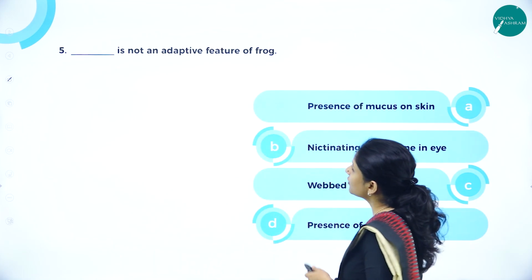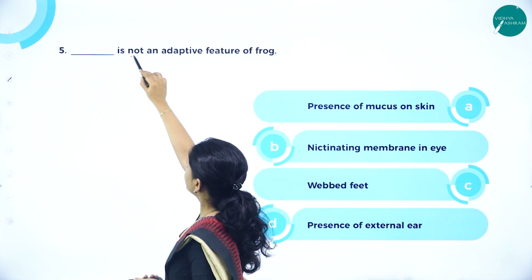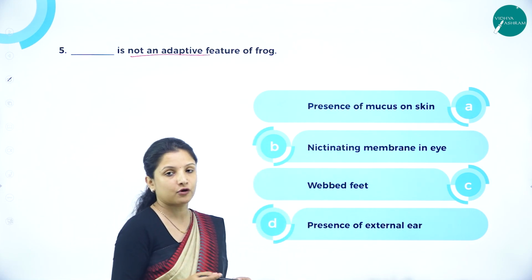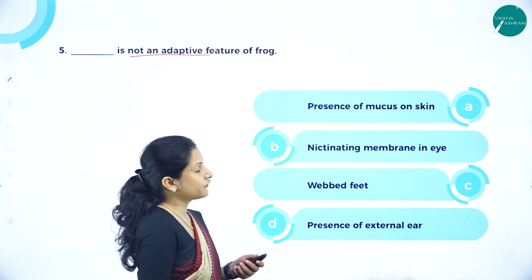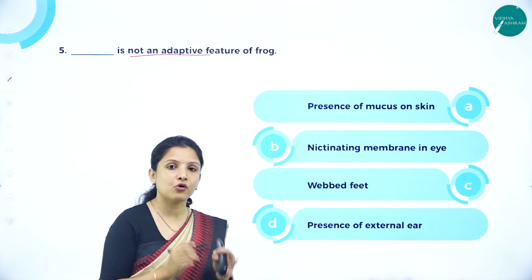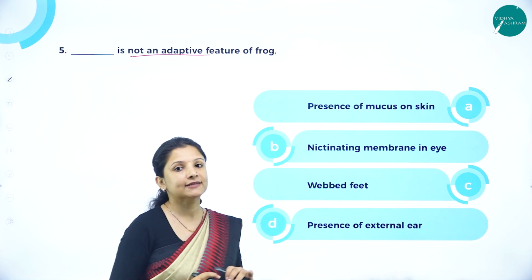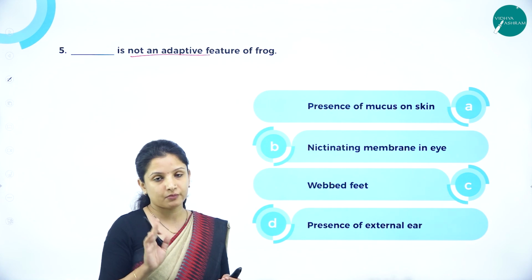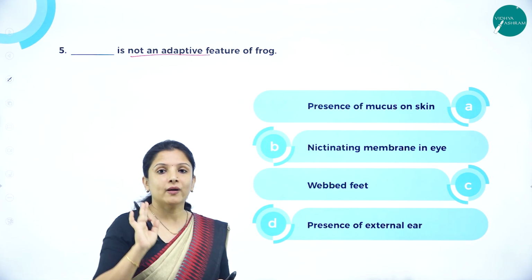Next one: dash is not an adaptive feature of frog. Among these features given, which are the adaptations of frog, you have to find out which is not an adaptive feature. Presence of mucus on skin: this helps the frog to remain moist throughout, so this is not the right answer. Nictitating membrane: yes, frogs have a separate eyelid called the nictitating membrane that closes over the eyes of the frog when it is in water.